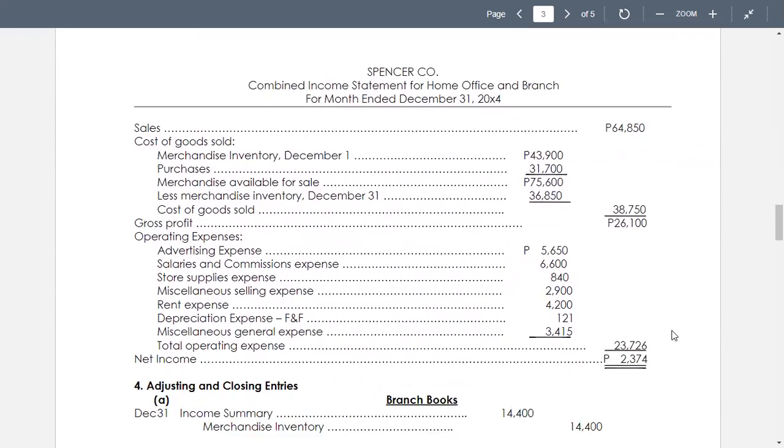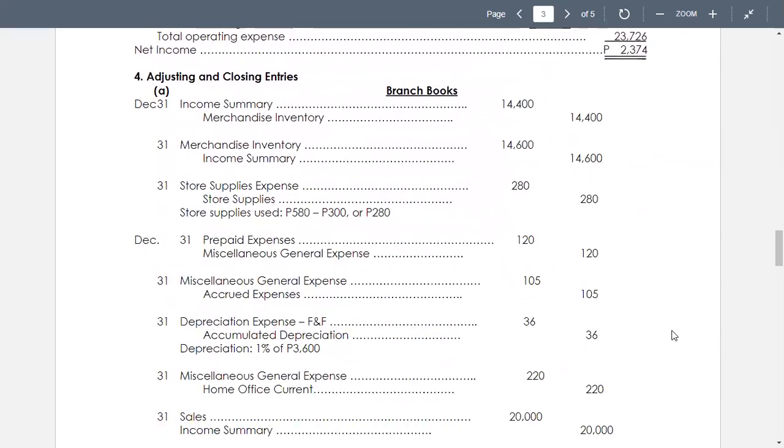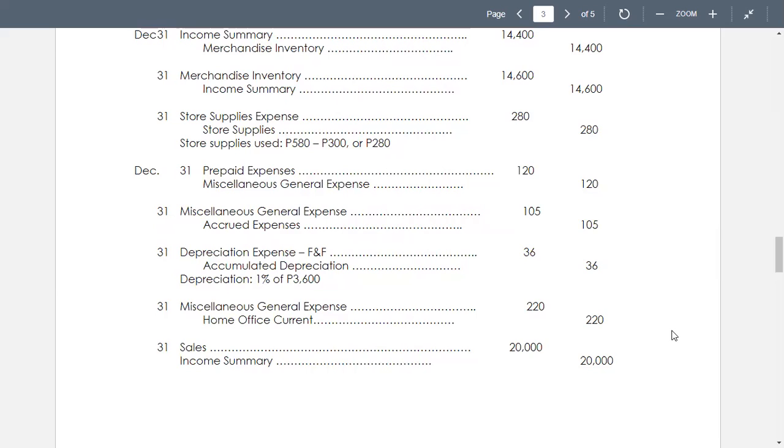Okay, so we end up with this problem. We have finished. Let's go to the multiple choice problems.